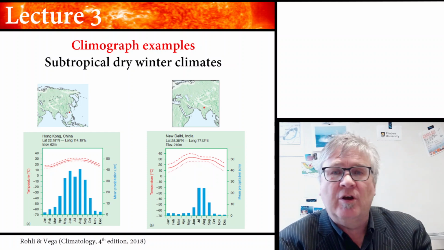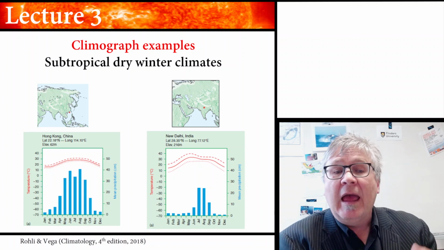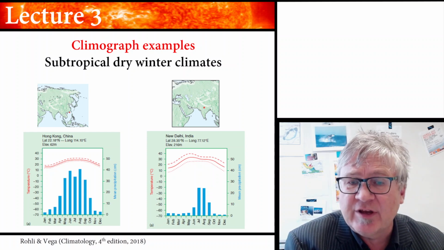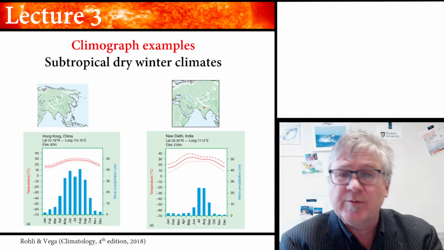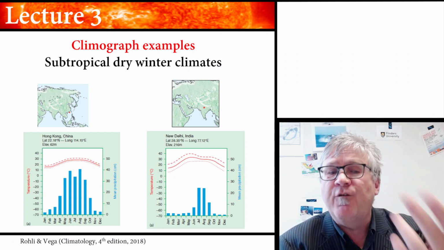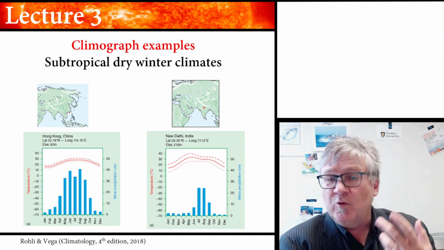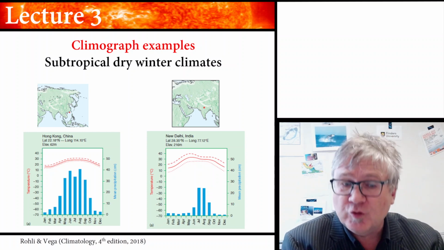How has the rainfall changed, and how has the temperature changed, the seasonal cycle. And that's what climate scientists do to infer changes in regional climates due to global warming.